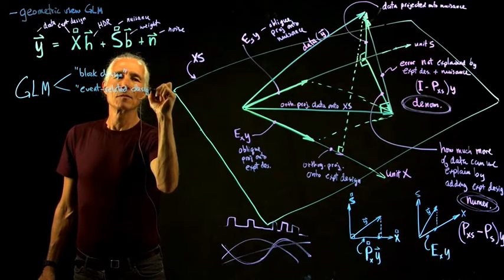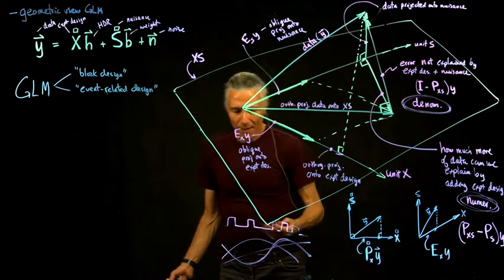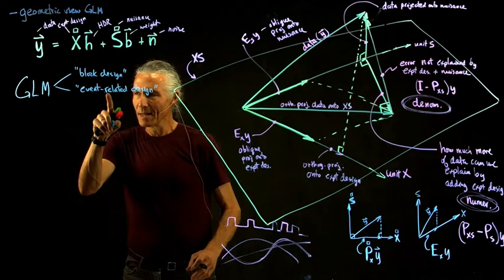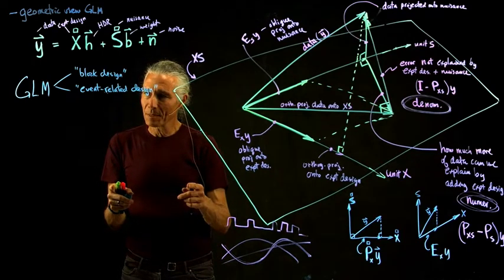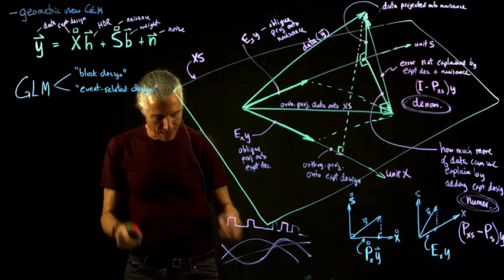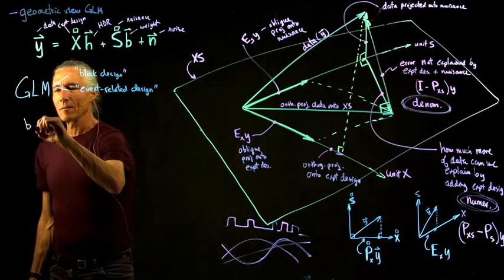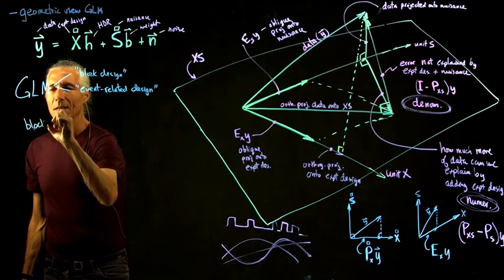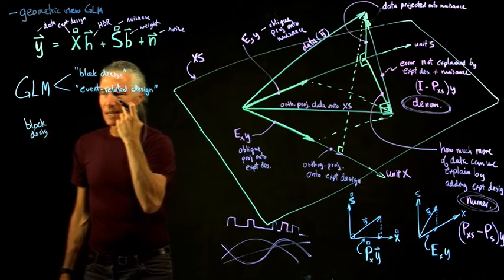And I didn't say what an event-related design is. A block design is basically an event-related design, but where you've got long blocks of particular events of the same kind. In a block design, you'll do something like turn on condition A for 15 seconds.